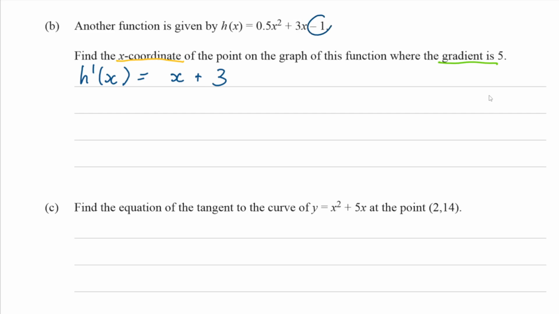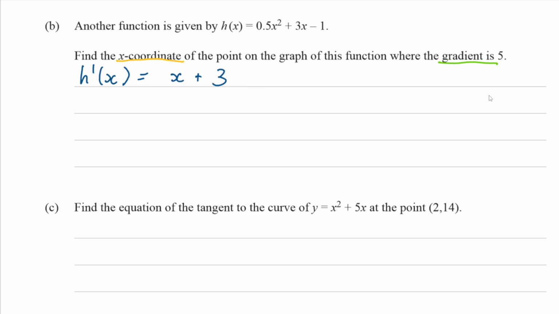And finally, the derivative of minus 1, the derivative of a constant, is 0. Again, we can use the rule here because it's x to the power of 0, right? Because x to the power of 0 is 1, so that it's not changing the equation. We take the 0, we multiply it out the front, we're left with 0, which we don't need to write.